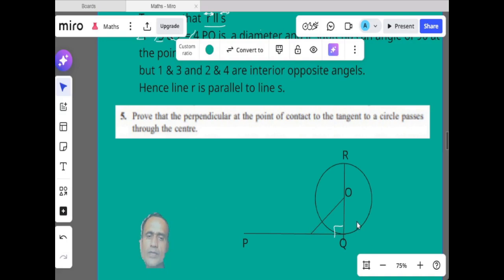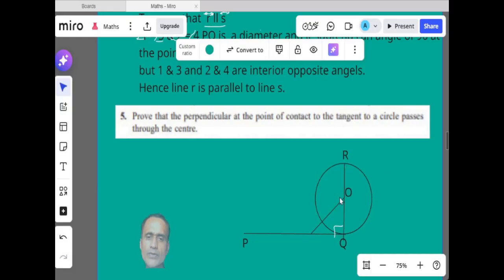So now we are required to prove the reverse of that theorem: that a line is perpendicular to the tangent, and we need to prove that that line passes through the center.